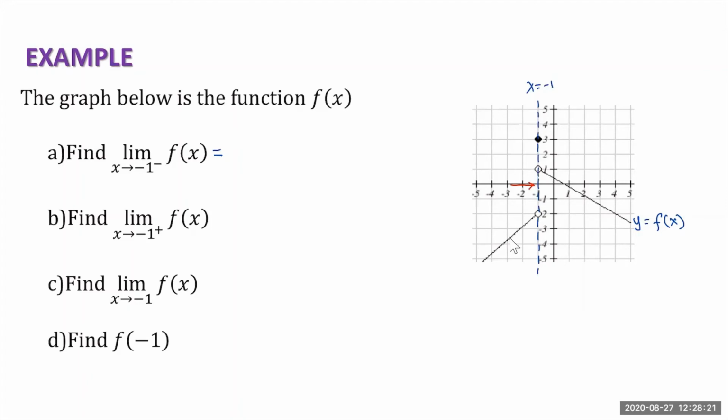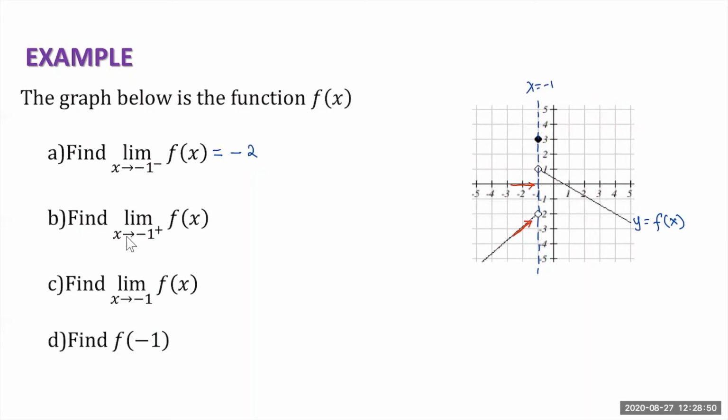So the function is increasing and getting closer and closer to a y value of -2. So when x approaches -1 from the left, the function approaches -2. This is 0, that is -1, this is -2. That is A.